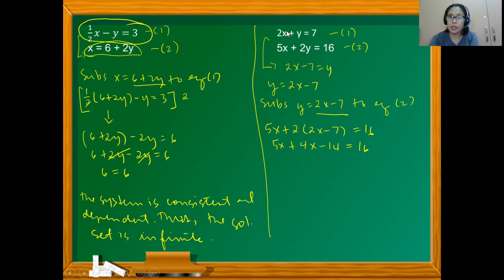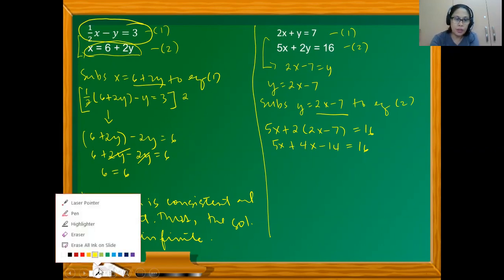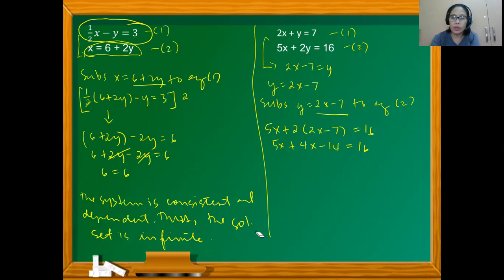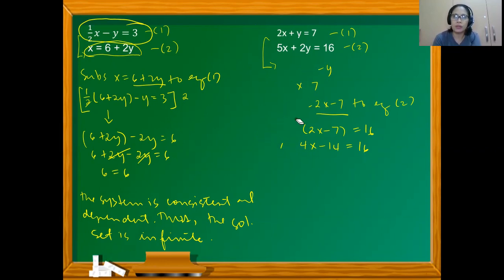So this is correct, but this has to be negative. So I think let us go back with this one. Wait, guys. So let's go back with simplifying the first equation.